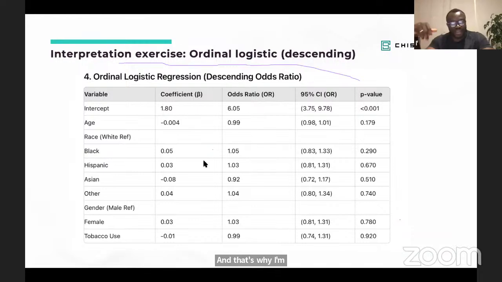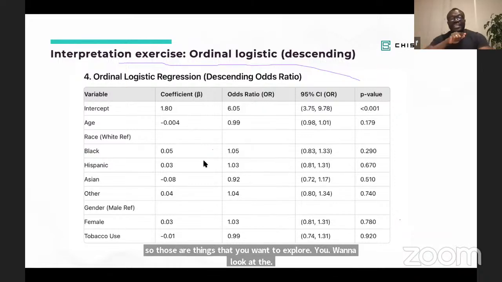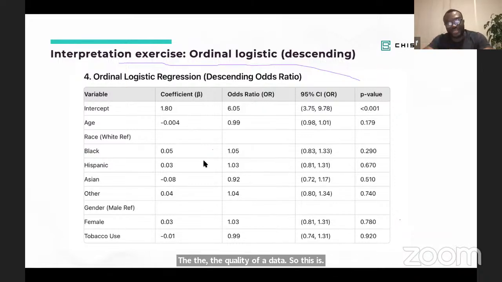Can I use another outcome? And if I cannot, then maybe can I even use this data set at all? Because having that kind of wide confidence interval just looks ridiculous. So those are things that you want to explore. You want to look at the quality of the data. That wide confidence interval is telling you that you have issues with data quality.